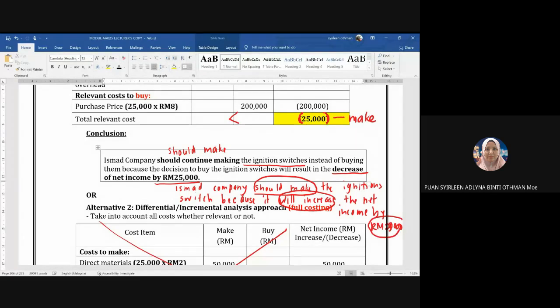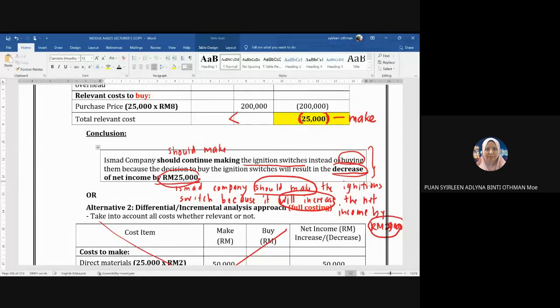By 25,000. Okay, kalau awak baca yang kat sini, mesti awak kata, Madam, jawapan dia decrease lah, bukan increase. No, baca betul-betul. Dia kata, Ismat Company should continue making. Sebab kalau dia buy, okay, dia akan decrease income kalau dia buy.